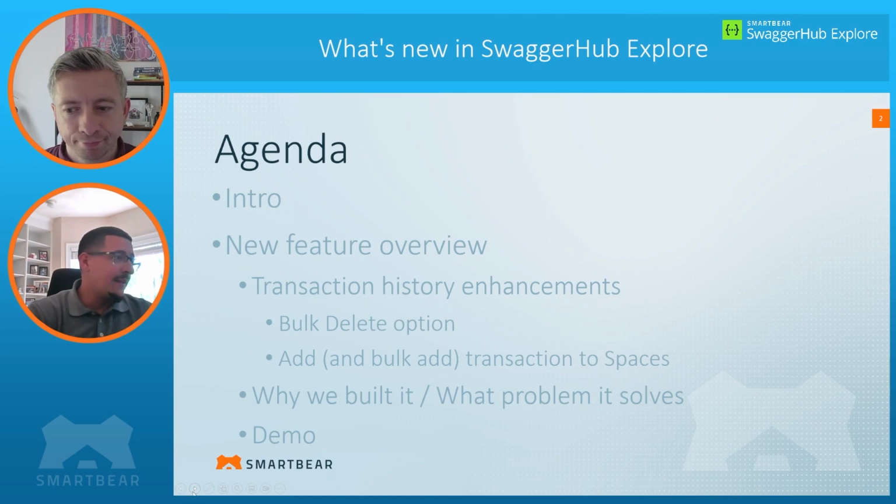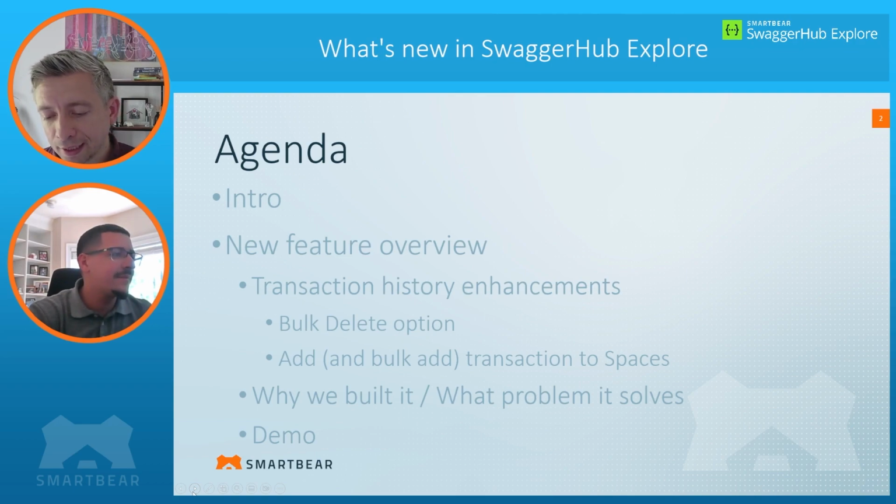So again, it's two functionalities specific to history. It makes your life much easier when interacting with many APIs daily. And it allows you to move on to the next part of your process, right? Again, Explore is meant for you to go in, understand the APIs, interact with them, test them very quickly, and then move on to your next task of whatever you're doing in the moment, either implementing or consuming APIs.